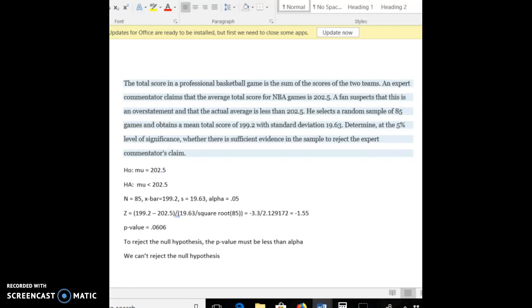So there is not significant evidence to conclude that the mean is less than 202.5. It appears the mean sum of the scores of NBA games is 202.5.